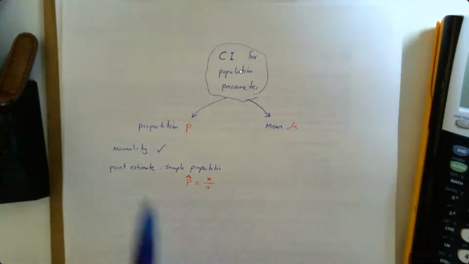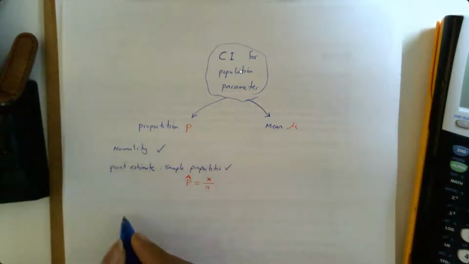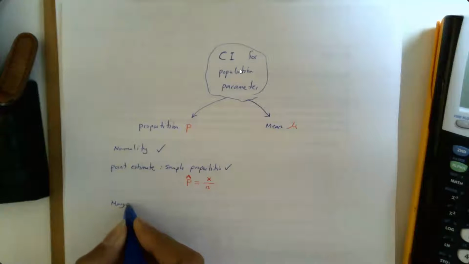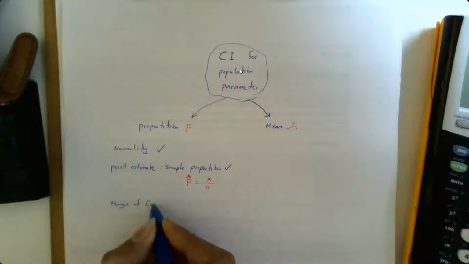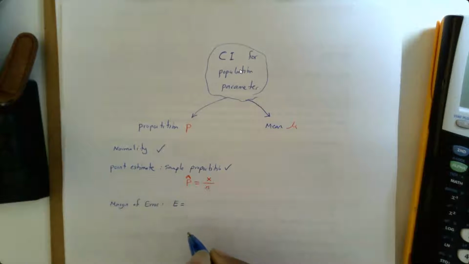After finding the point estimate, we're going to move to find the margin of error. Margin of error, E, is equal to, for a 95% confidence interval, 1.96.